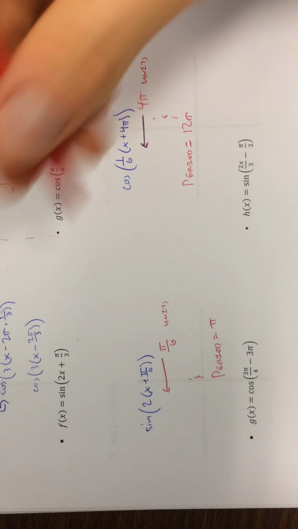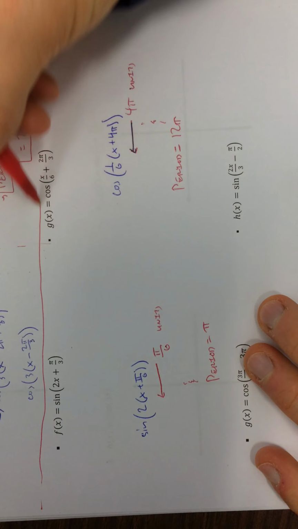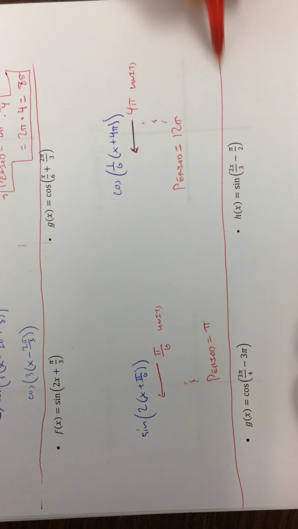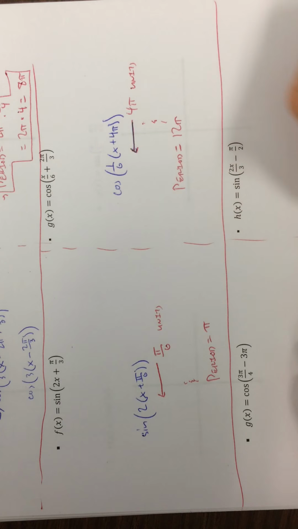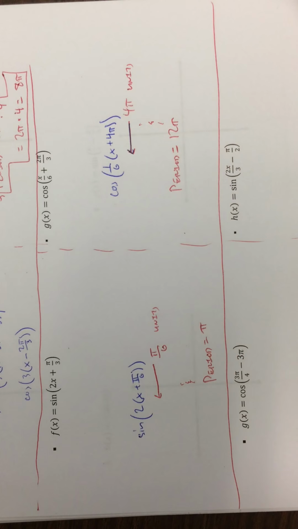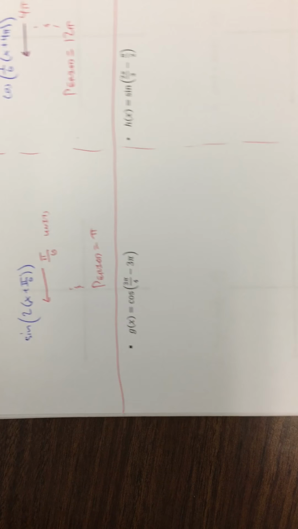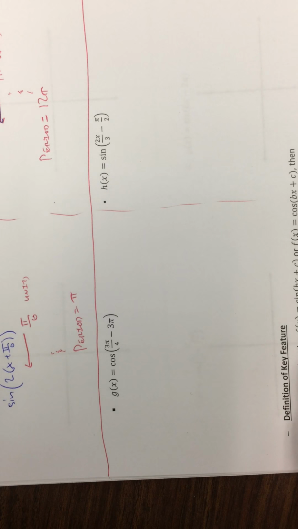Okay, so those are our two solutions here for these two. I would pause it, work it out, see if you can end up there. If not, shoot me an email or Remind app.